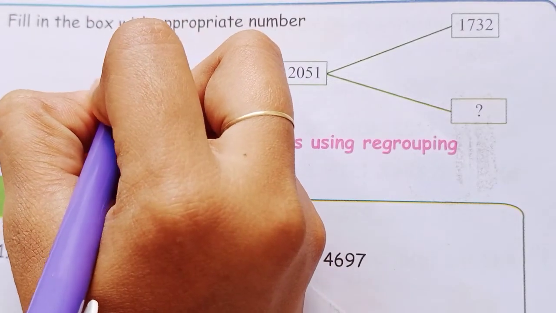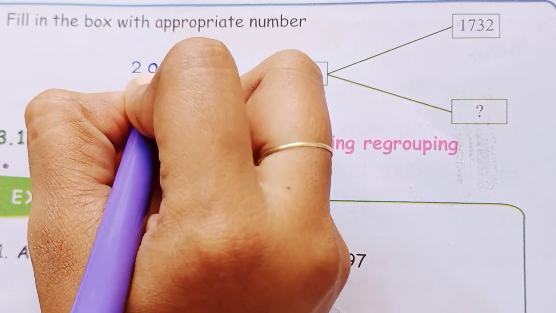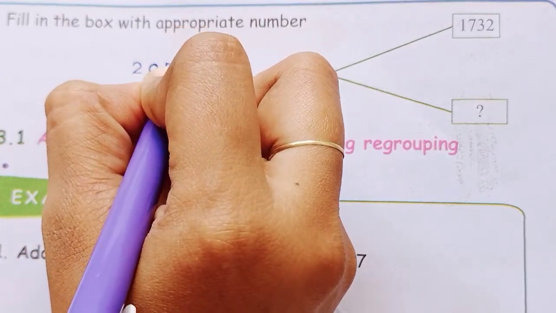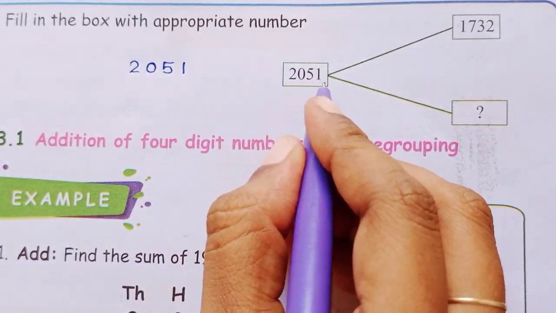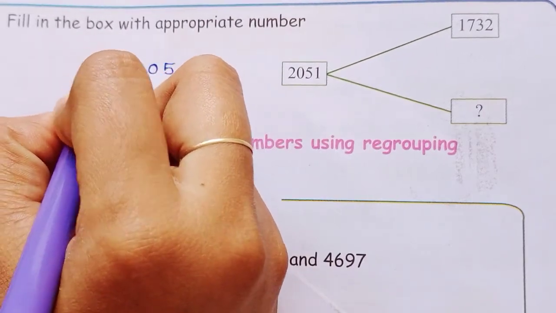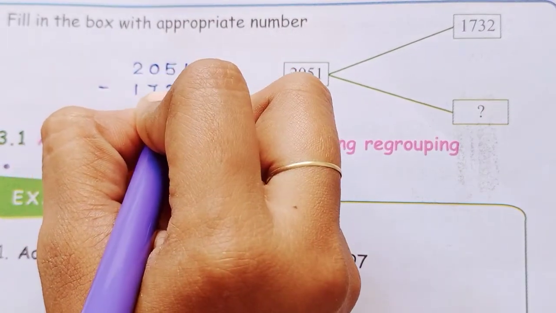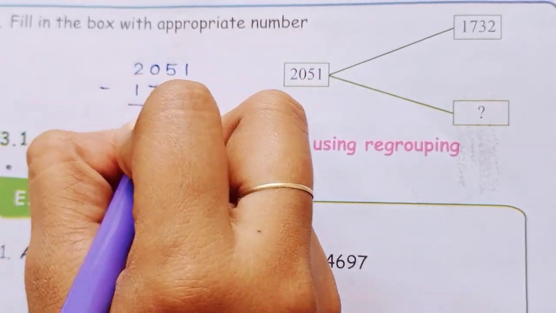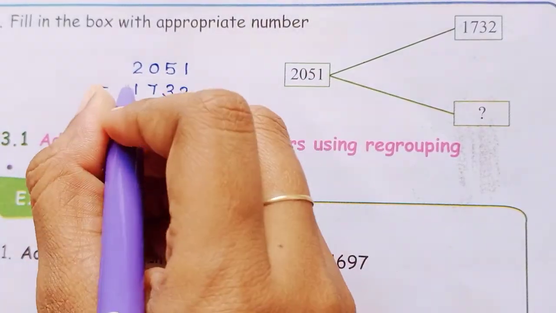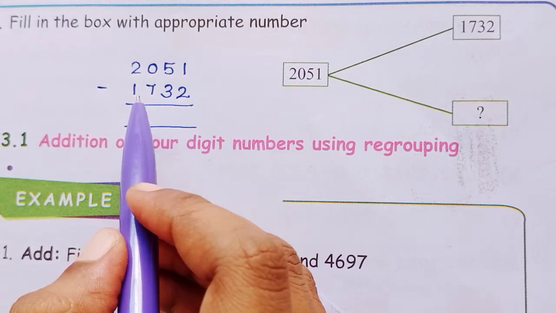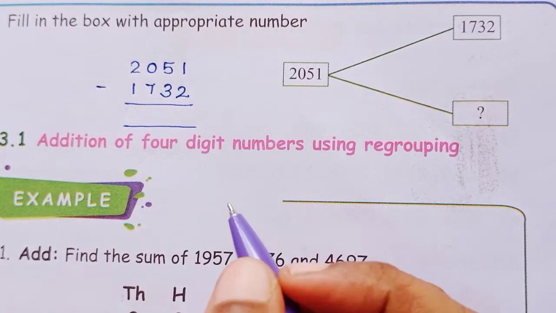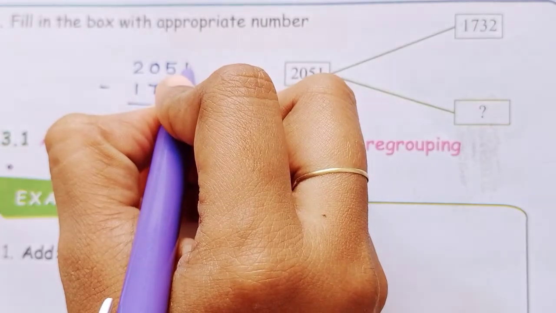Okay, you write here and subtract 2051 minus 1732. Shall we subtract this one?